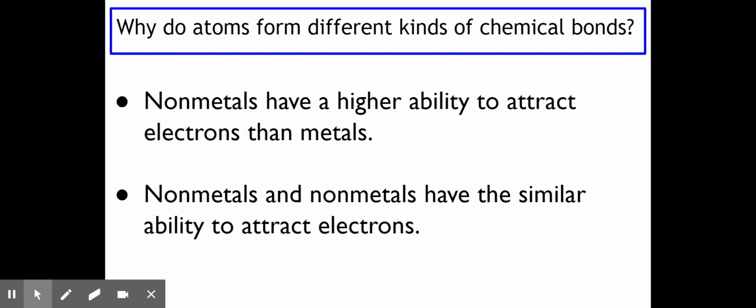Nonmetals have a higher ability to attract electrons than metals. So metals just give away, nonmetals receive. And when a nonmetal and a nonmetal meet each other, they have very similar ability to attract electrons. It's like a tug of war. You have a similar ability as me, so neither of them wants to give away. So what they do is they share. It's really about the ability to attract electrons.